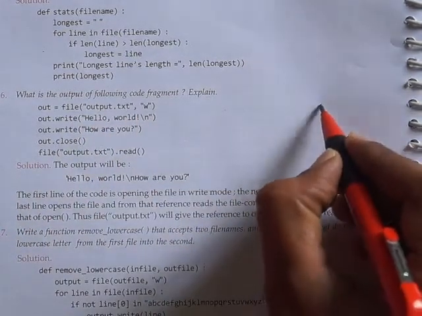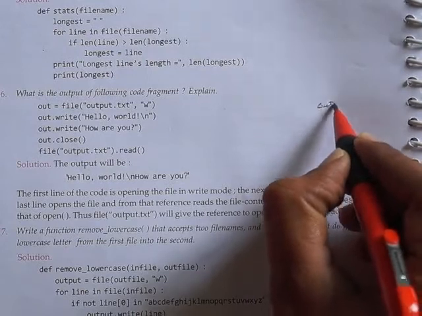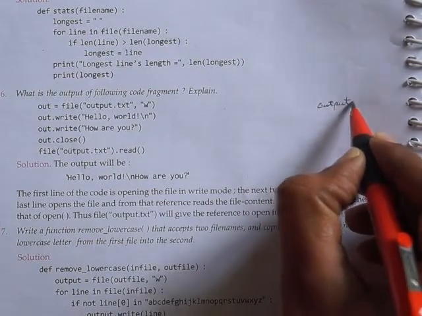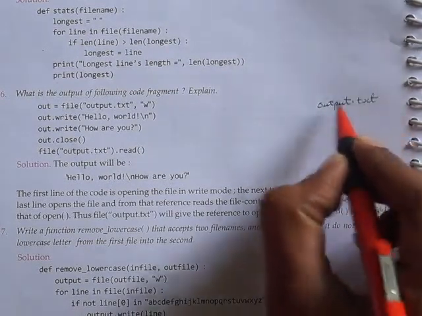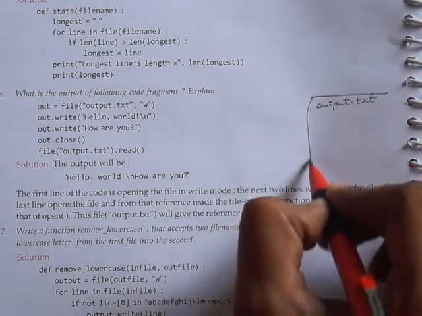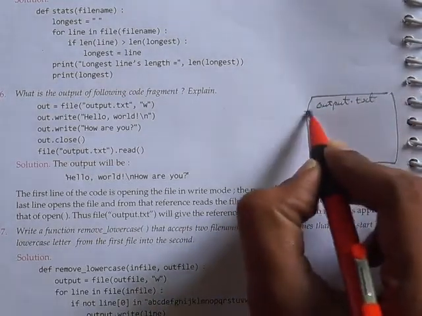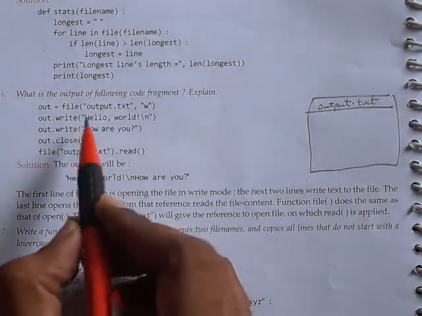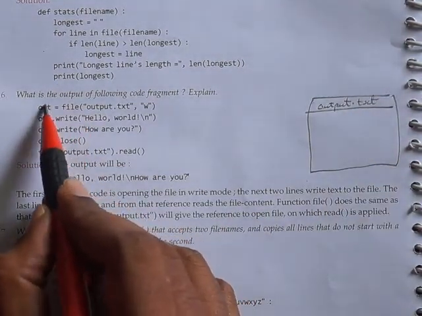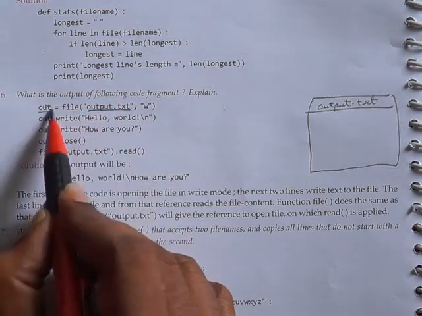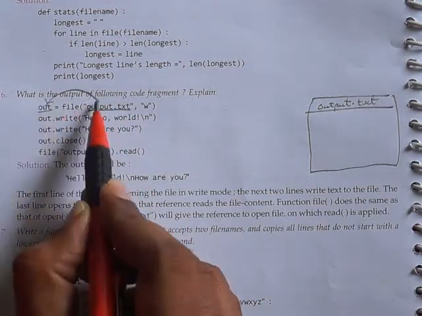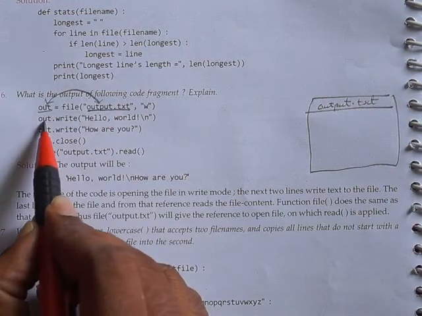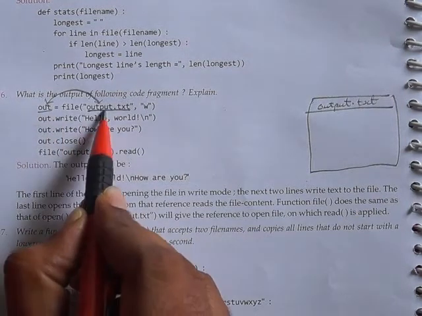I had created a new file called output.txt, right? Then hereafter out and output.txt, both are same. Understand? Both are same. So out means output.txt.